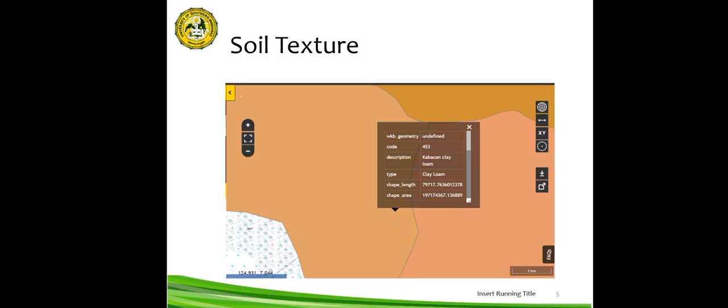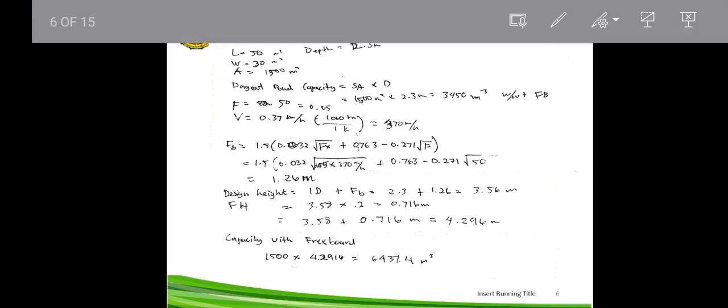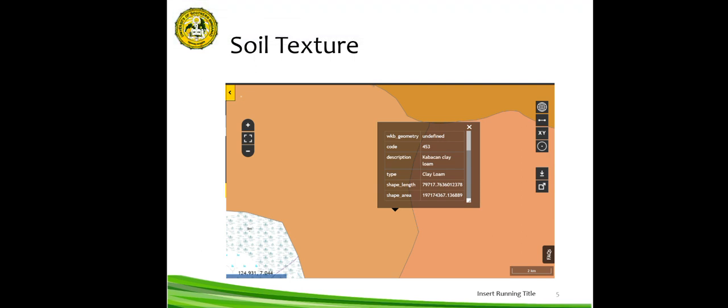This is the design of the small farm reservoir. Based on the geoportal, the soil texture is clay loam.